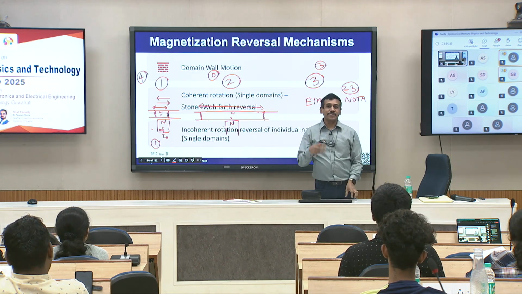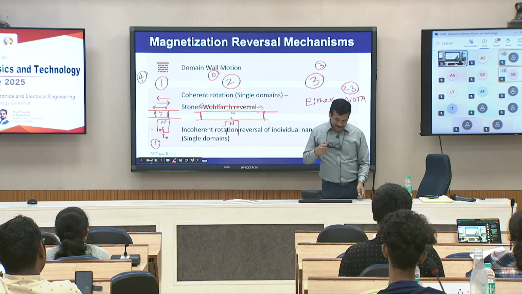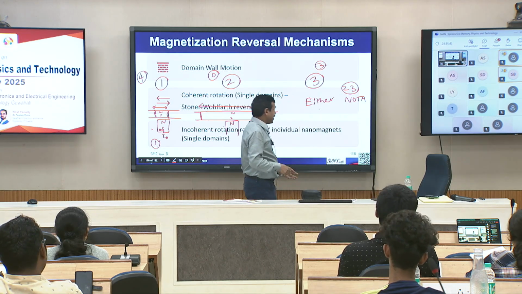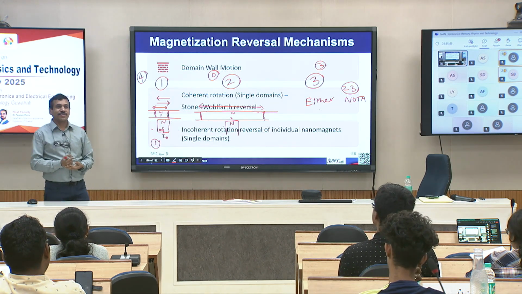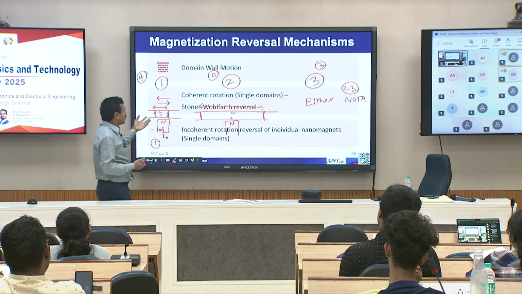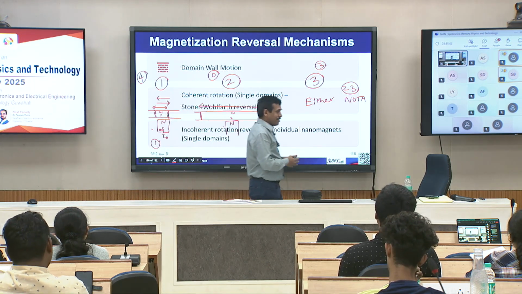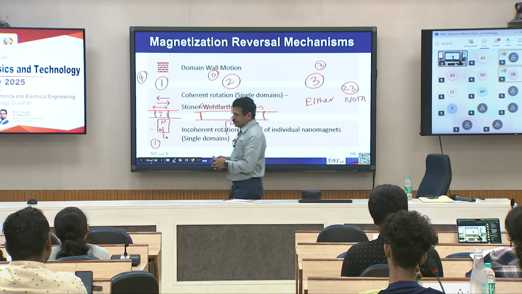Many of you would have studied magnetism, but nobody discusses this one. Whenever I interview postdocs for a postdoc position, I ask this question, and they do not know. But this is a very important aspect. As a magnetism trained person, you should know this.